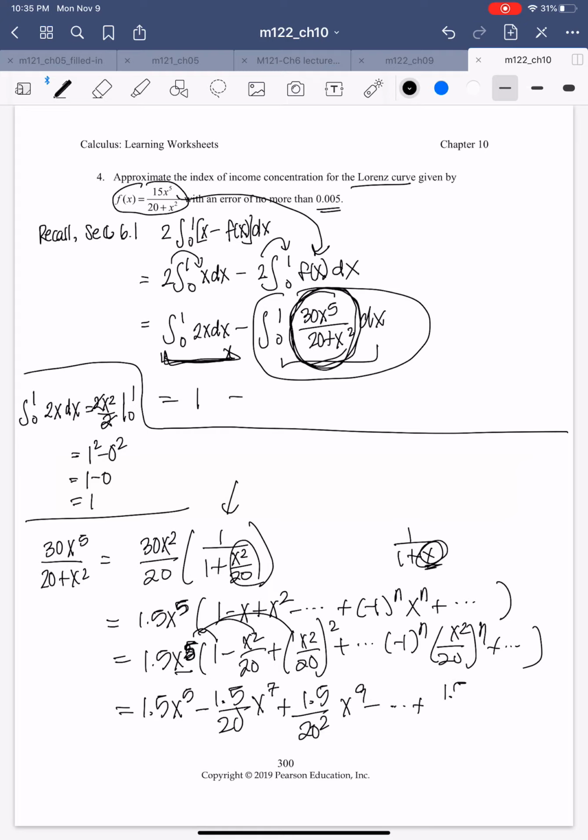Then the last term will be 1.5 over 20 raised to the nth power, x to the 2n plus 5. Okay, because there's 2 and then n, multiply and then plus 5.